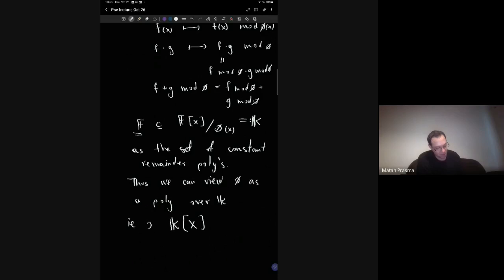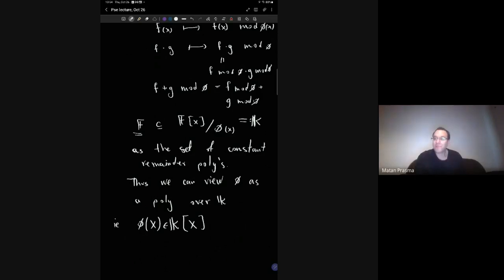And I can view phi as a polynomial over this new field k. Right? I mean, whatever phi was, I just now declare the variable to be capital X instead of lowercase x, and that's my polynomial. Is this clear?